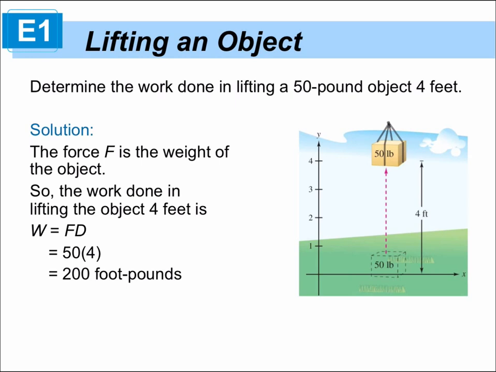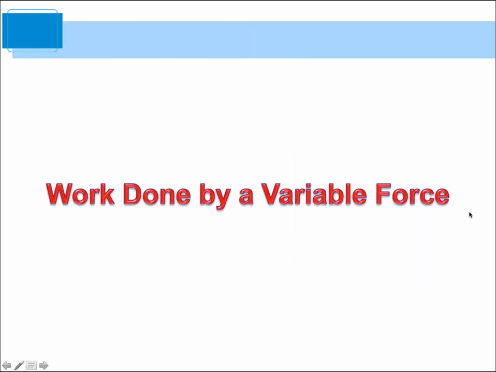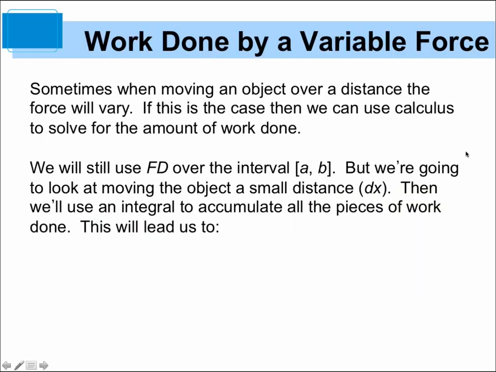We're going to look at something more interesting. What happens when the force changes over time? So the first one is this formula. Boom. Now where does that come from? What we're going to do is take the object or the situation and break it into a really tiny piece.